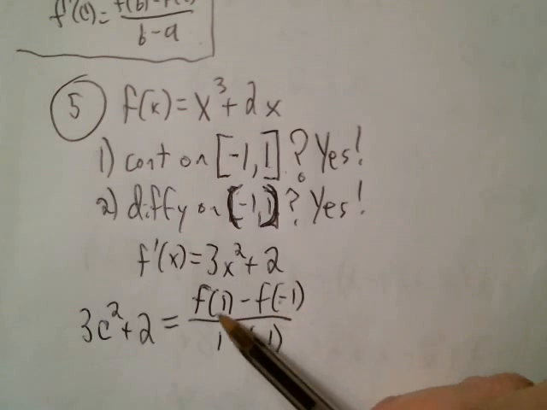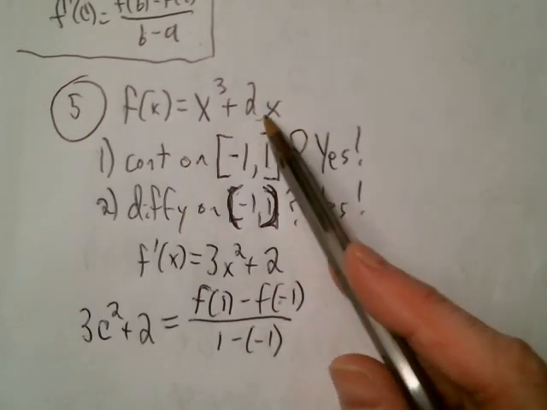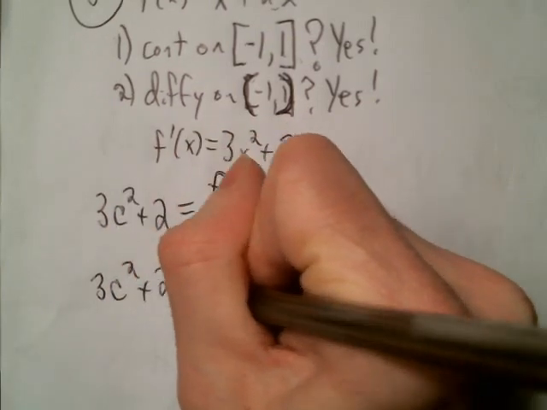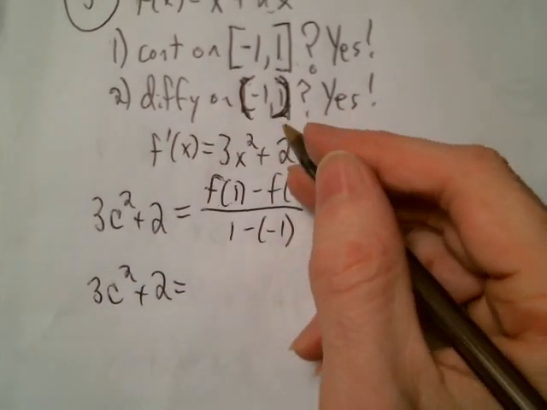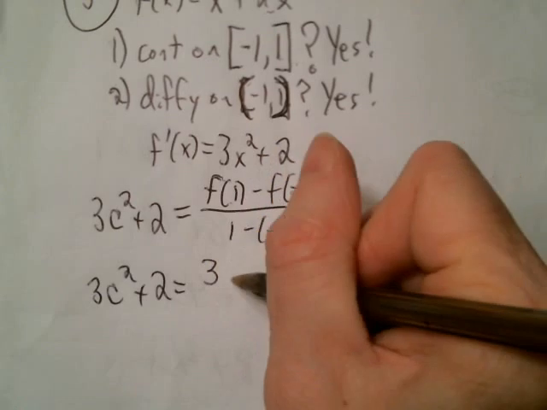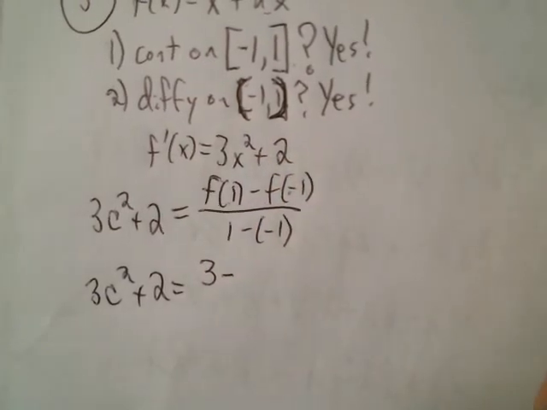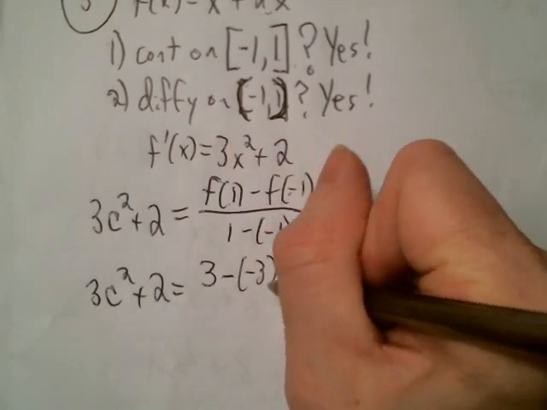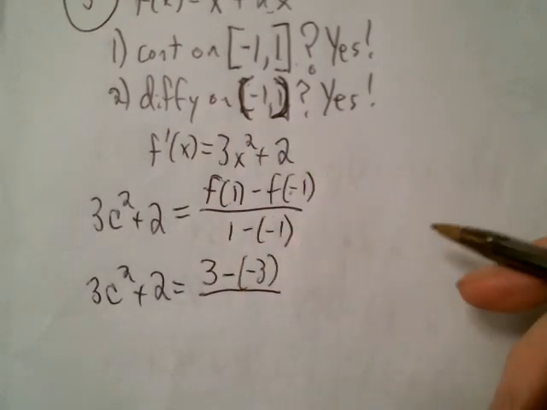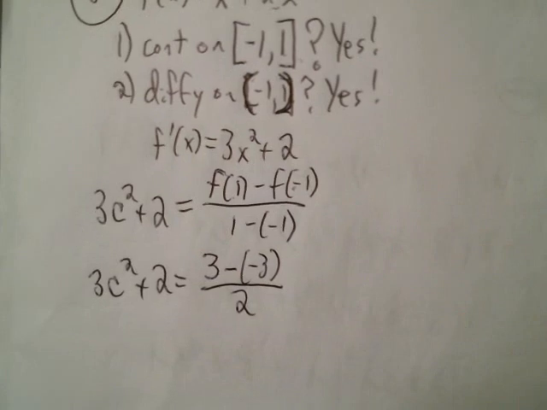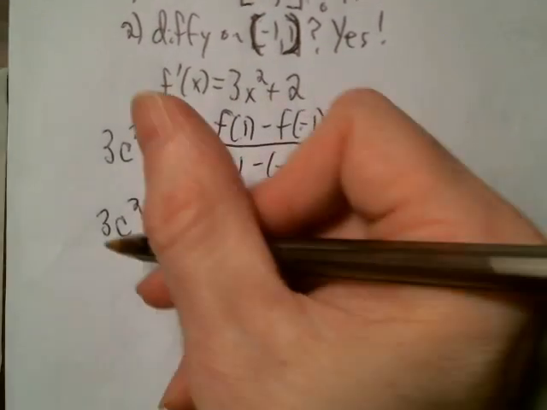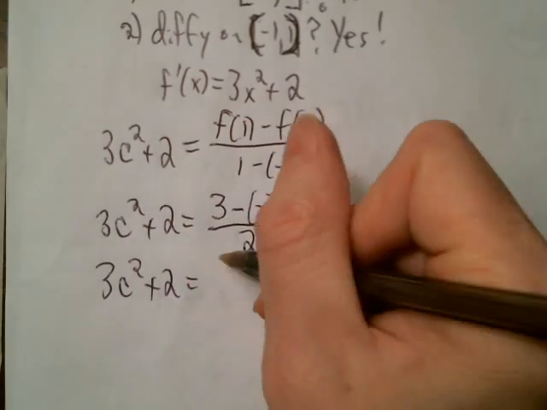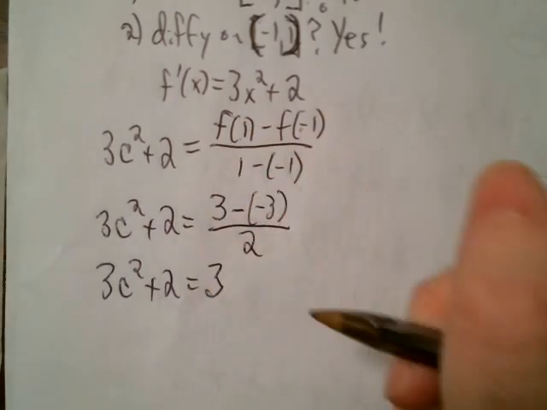Now I plug those numbers into the original function. So 3c squared plus 2 equals, when I plug in 1, 1 cubed plus 2, which is 3, minus, when I plug in -1, -1 minus 2, which is -3, all over 1 plus 1, which is 2. So that's 3c squared plus 2 equals 6 over 2, which is 3.